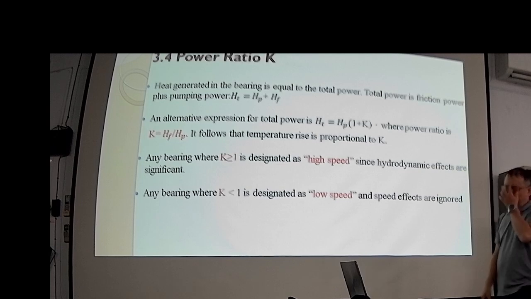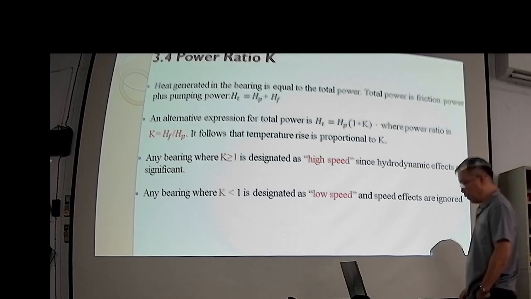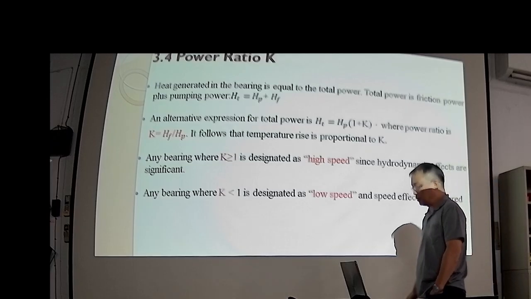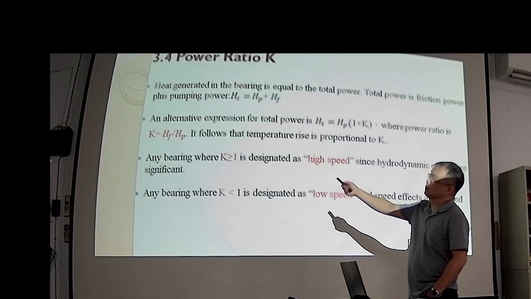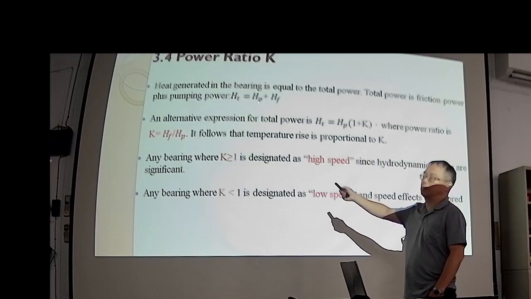We also have another definition for the total power, the total heat generation. We can use this formula to calculate the total power generated operating the hydrostatic bearing: total power equals the pumping power plus the friction power.